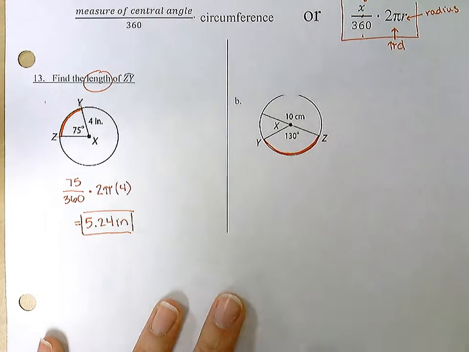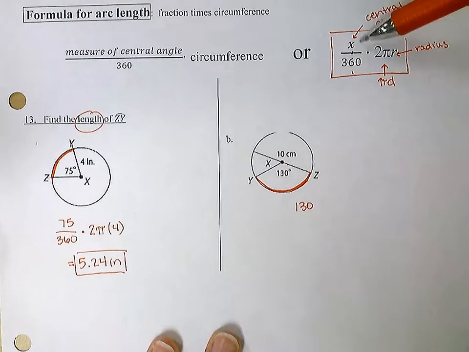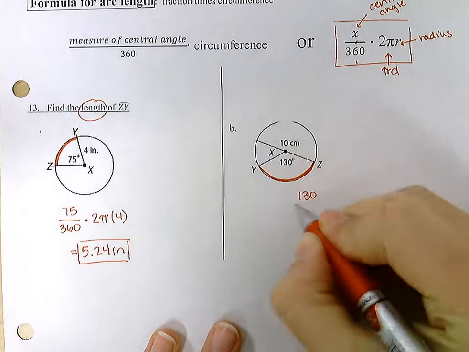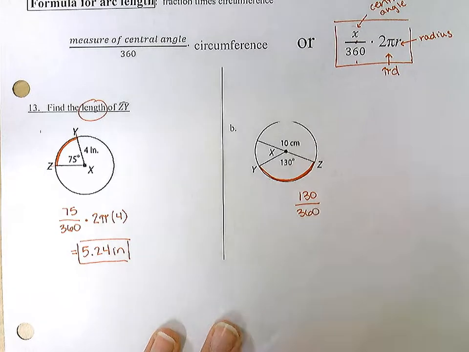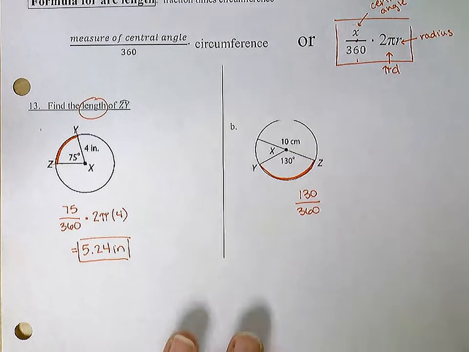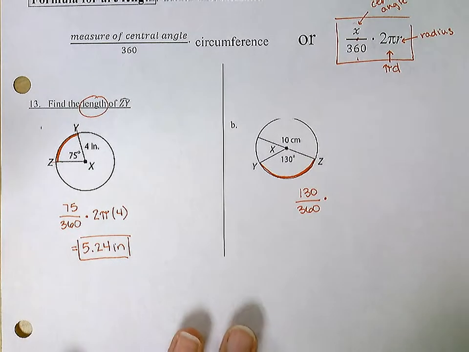That would be 130. Again, that was your x value in this formula here. So I have 130. I need to divide by 360 to get a fraction of that circle. Then I want to multiply by the circumference.